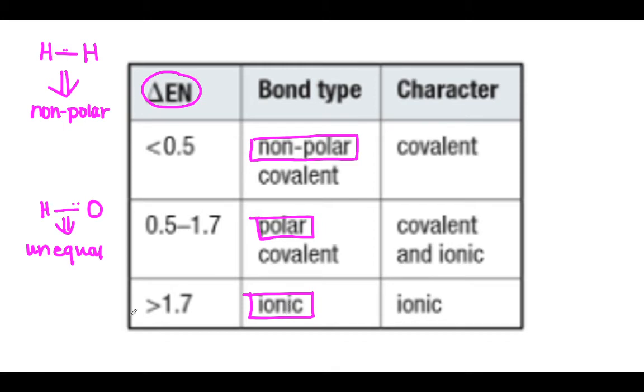And ionic, the difference in electronegativity is so large between those elements that it's not even sharing anymore. If you think back to when we learned about ionic bonding, it involved one element giving away the electrons to another element. This sharing is so unequal that it's practically the same as one element giving away the electrons to another element.